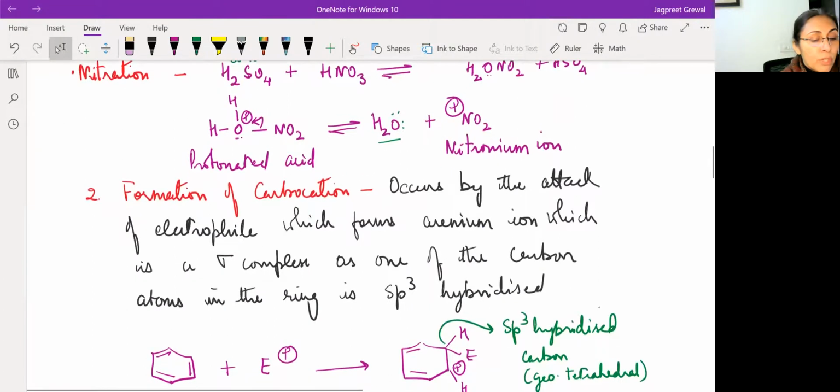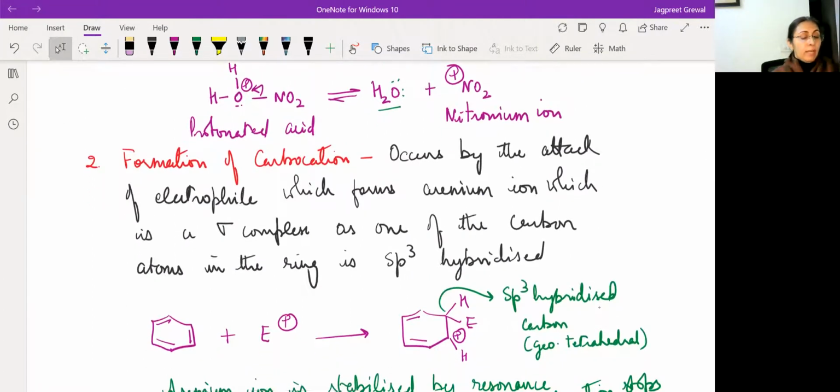So next is the formation of the carbocation by the attack of the electrophile on the ring. As you can see over here, when this electrophile approaches the ring, you have a hydrogen over here. The electrophile doesn't have any of its own electrons to form the bond. So what will it do? It will take up these pi electrons.